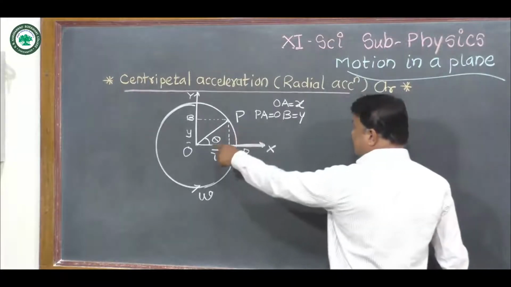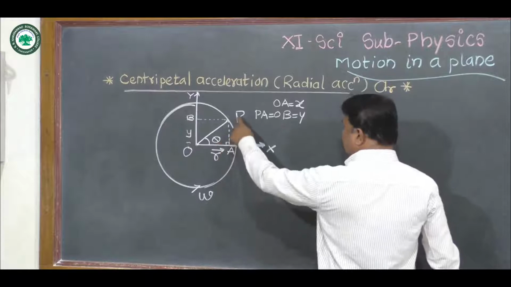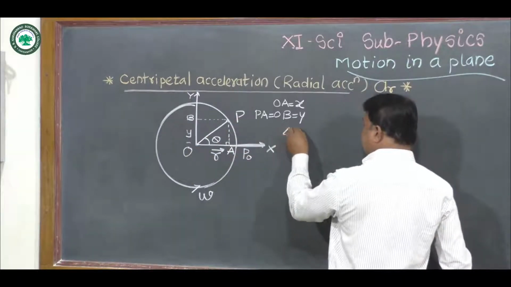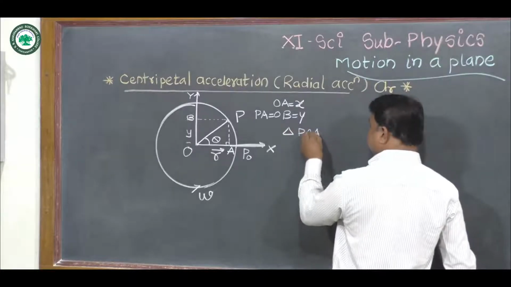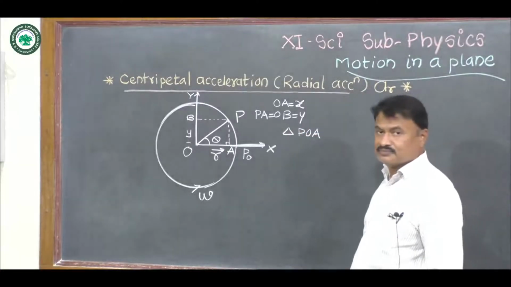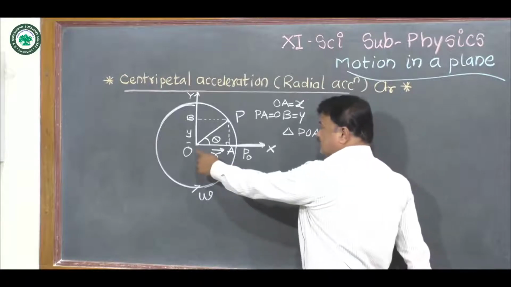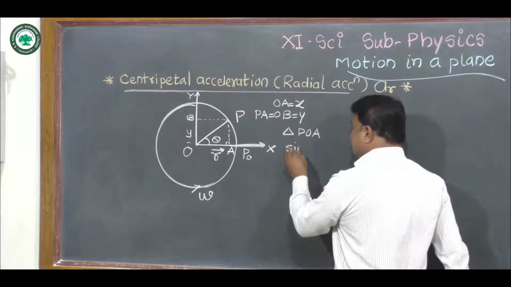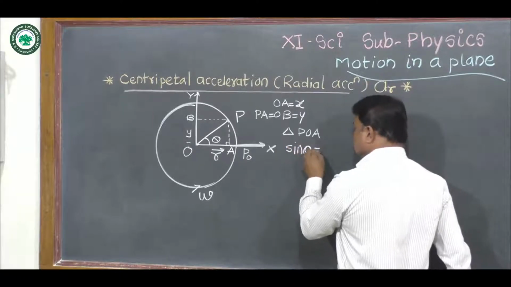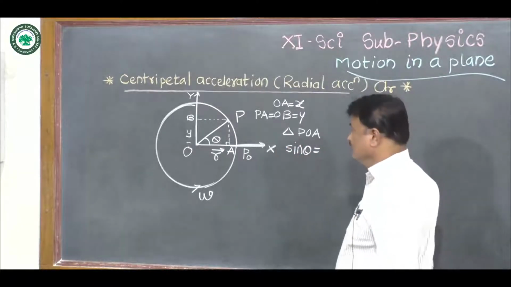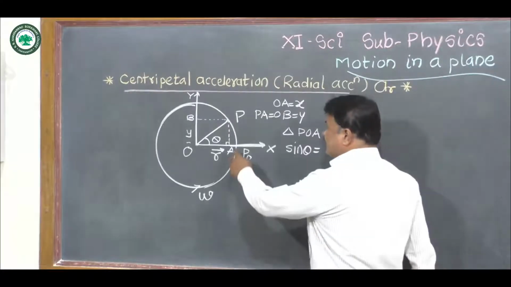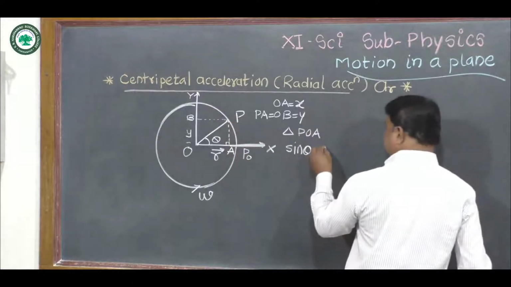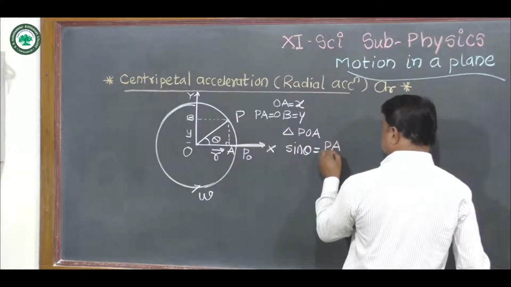Now consider this right angle triangle POA. In triangle POA, we find its sine of the angle. So sine theta is equal to PA upon OP.